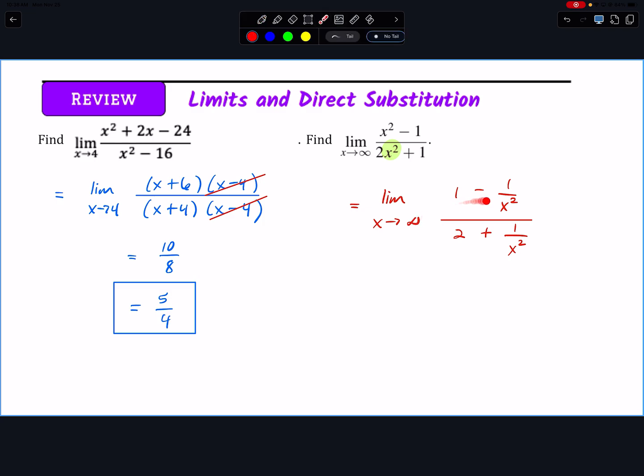If I plug in infinity now, 1 divided by a gigantic number, what's that basically going to be? 0. So this is 1 minus 0, which is just 1, divided by, what does this become? 0. So 2 plus 0, which is just 2. All right, now I feel better that we went over that stuff.